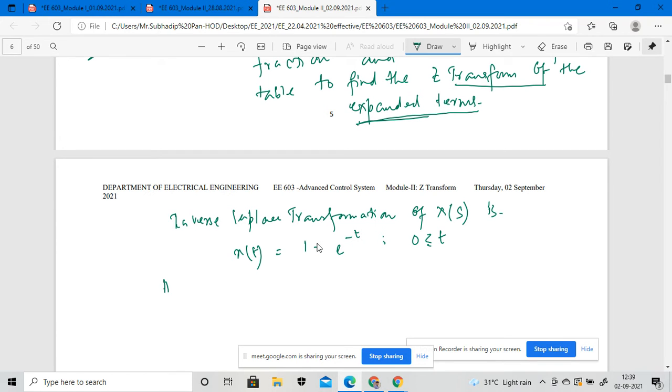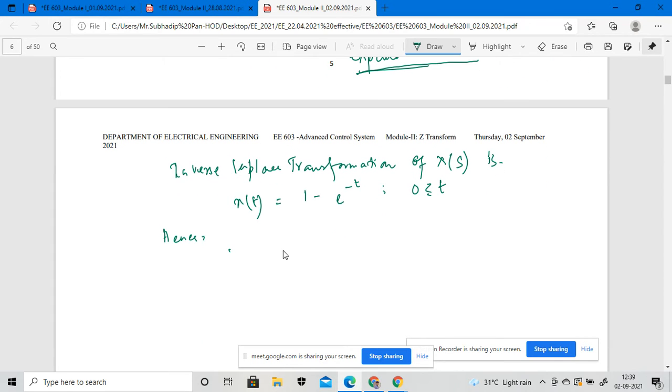So hence we can say that if I apply the Z transformation of this, it will come X of z.